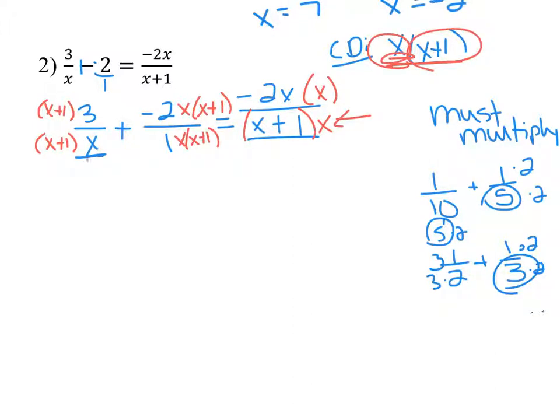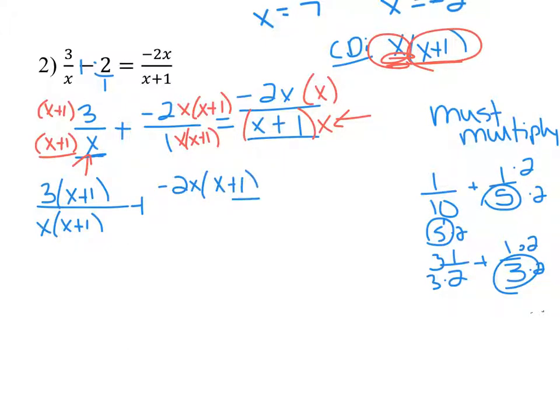So this one had an x, so I have to put the x plus 1 on, and so on. So what happens here, when I do this, is I am left with 3 times x plus 1 over negative 2x times x plus 1 and negative 2x squared over x.